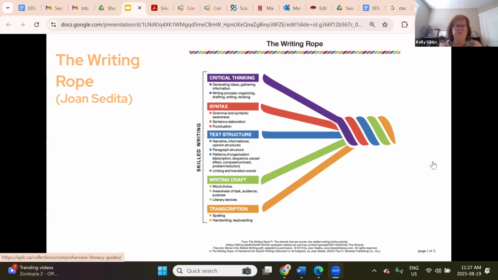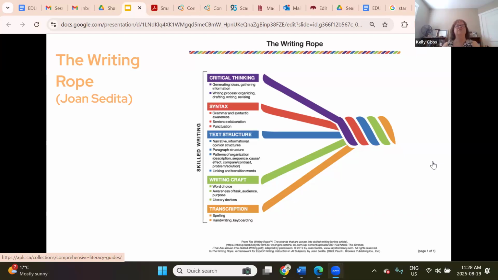So narrative, informal, opinion structures, then the paragraph itself, and using the different kinds of cause and effect, compare, contrast, all the things that come out of reading also are infused in writing. Then there's writing craft.